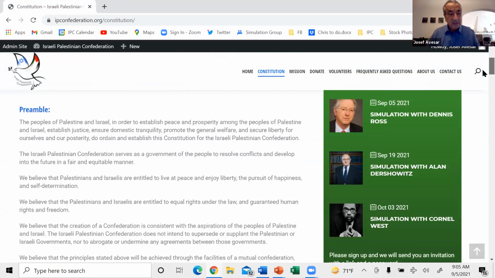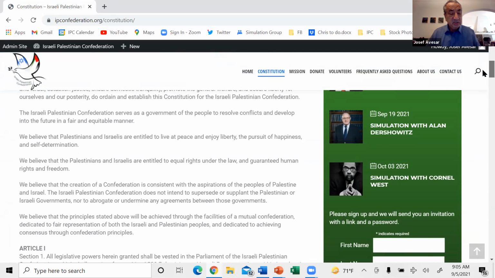It would be a secular government with 3 branches: the legislative is the parliament, the executive is the president and the vice president, and a judicial, like I said, all equal to Israelis and Palestinians, and its entire purpose is to make peace.